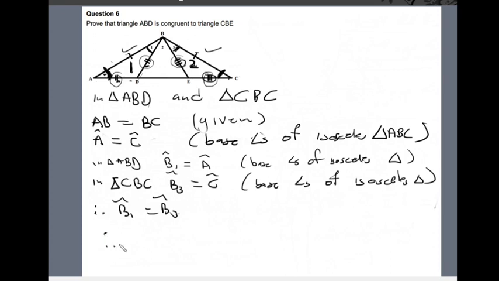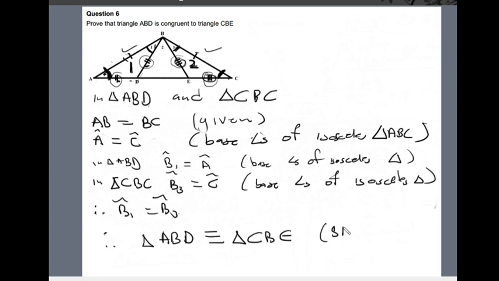Therefore, you can conclude that triangle ABD is congruent to triangle CBE, right? The reason being, you have angle side angle, right? You have this angle, this side, and that angle, right?